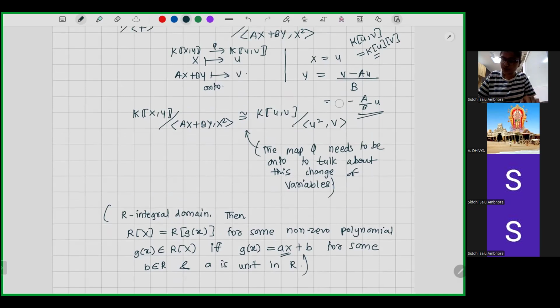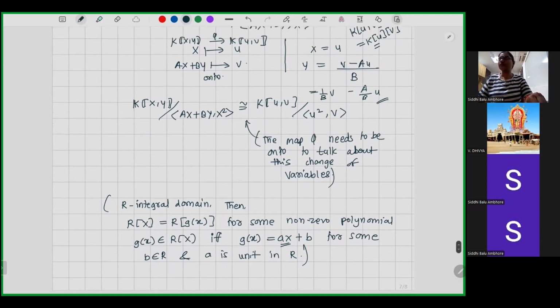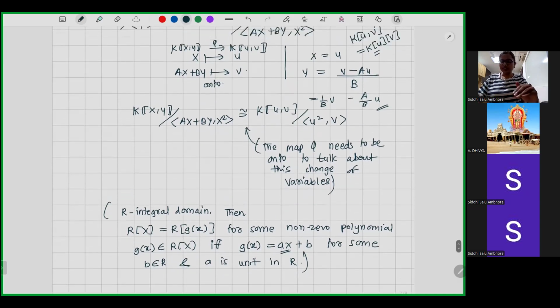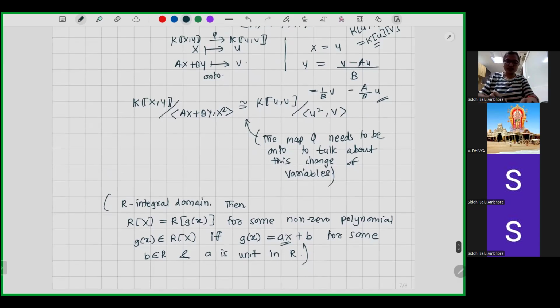So when I'm doing this, 1 by b into v, this is a unit anyway, because b is non-zero and we are in fields, so this coefficient is not a problem. Similarly here. Okay, so we are just using this. I just want to say that this isomorphism is true.